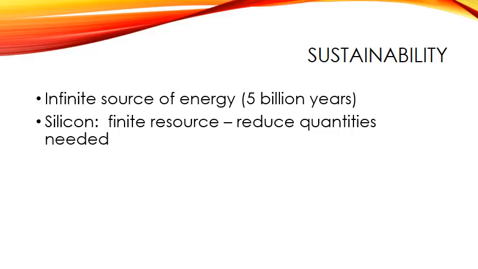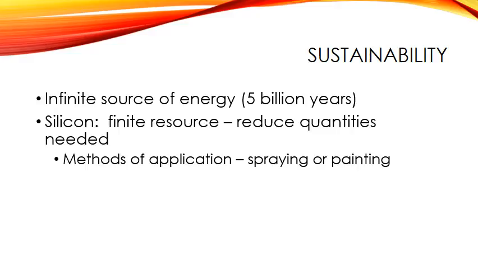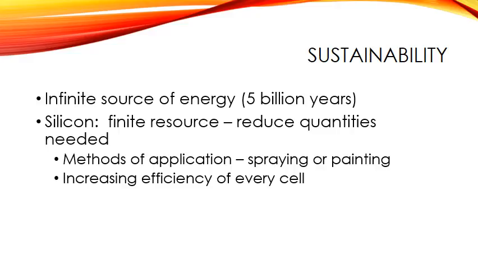With thinner applications of silicon able to capture the sun's energy, new methods of application such as painting or spraying open up even more opportunities for use in places originally considered unusable. This also goes hand in hand with increasing the efficiency of both the actual cells and of production methods to reduce the ecological footprint toward full sustainability.